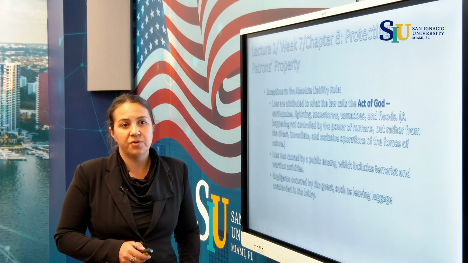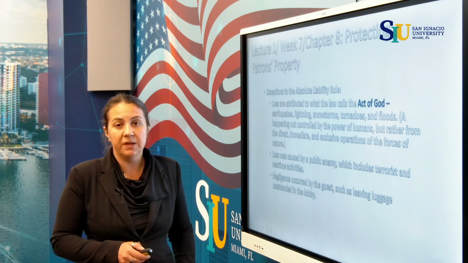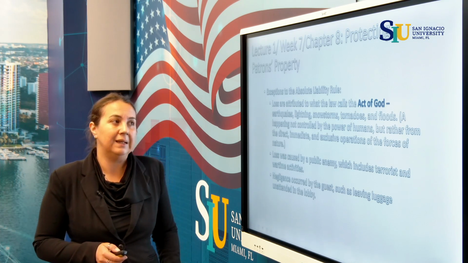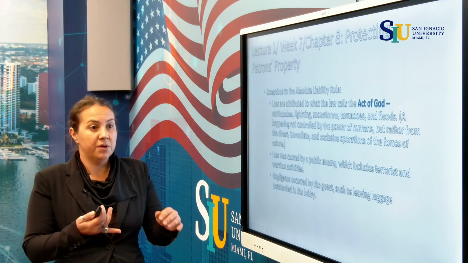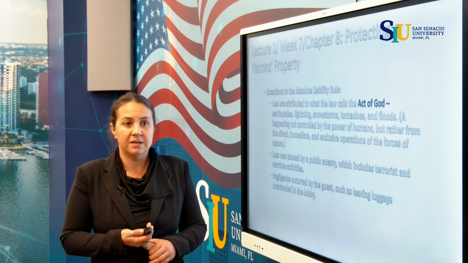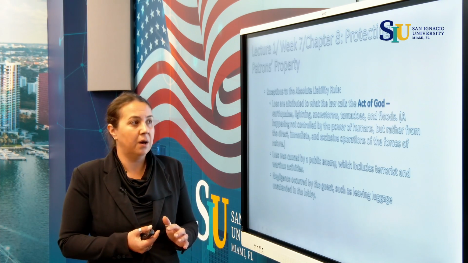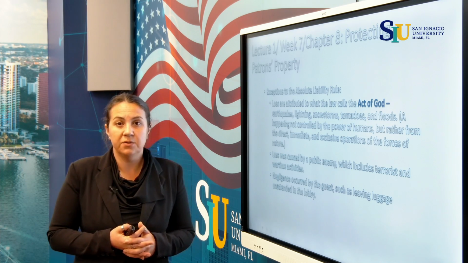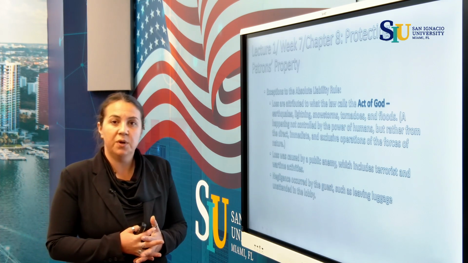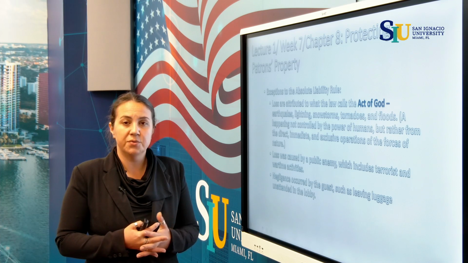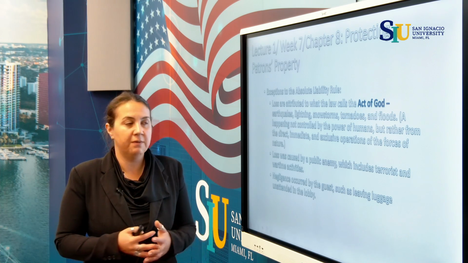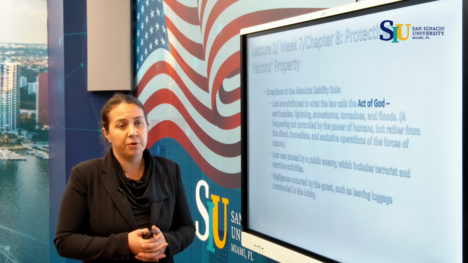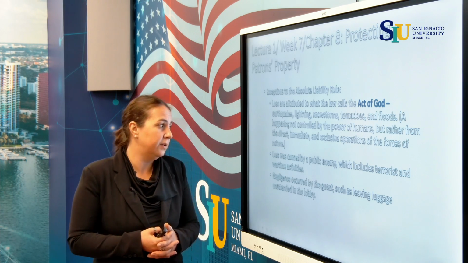Whenever the loss is attributed to an act of God or something that is not within the control of the proprietor or the hotelier, meaning if there is a flood or a natural disaster like a tsunami, tornado, or hurricane, something that comes from the act of nature, obviously we're not in control to foresee or prevent things from happening. That will exempt the property from the absolute liability rule.